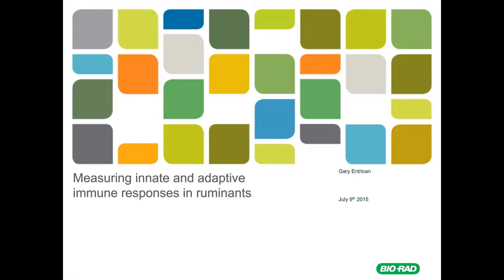We haven't run the gamut of the other signature cytokines, and as I said, that was a very important question earlier, which was asking if these subsets actually do exist in cattle and sheep.